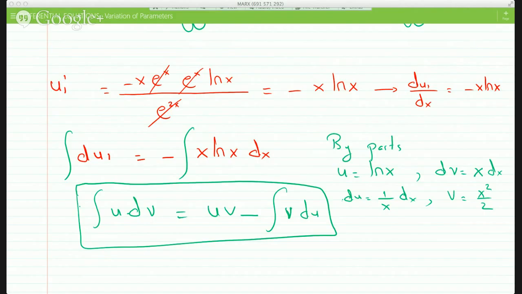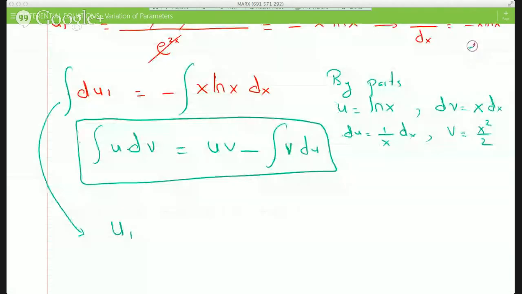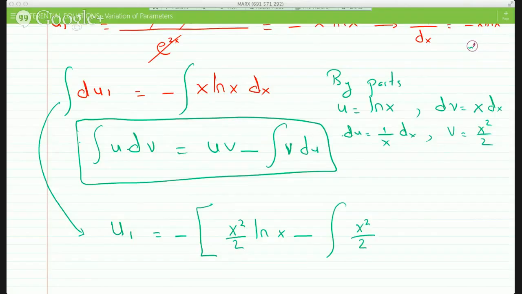Now, from here, u1 equals minus, and I will apply integration by parts on x ln x. So it's uv, x squared over 2 ln x, minus the integral of v du. v is x squared over 2, du is dx over x, and one of those x's cancels out.